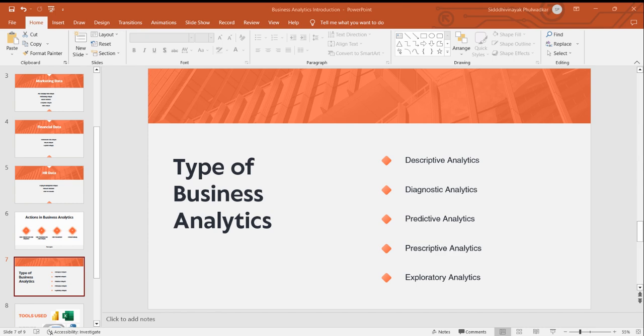If my intention is only to explain whatever information the existing data contains, that is called descriptive analysis. For example, imagine your college collected your data: your 10th mark, 12th mark, your performance, your subjects, your Aadhaar card, PAN card, where you live, your permanent address, current address, everything. This is nothing but data, correct?